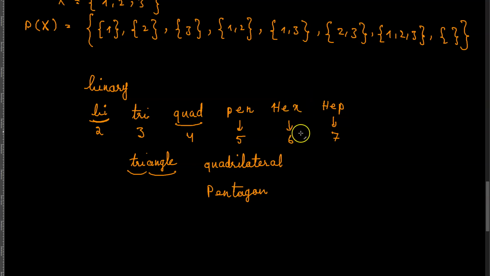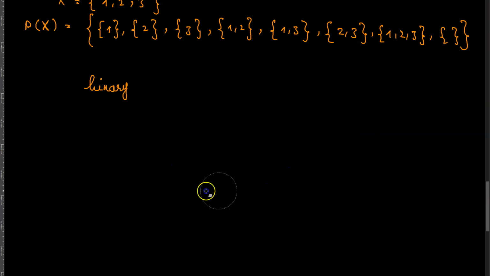We have a hexagon, a polygon that has 6 sides. We have a heptagon that has 7 sides, octagon, nonagon, and so on and so forth. So bi basically refers to 2, right? So when we have a binary operation, that means that this operation operates on 2 operands.